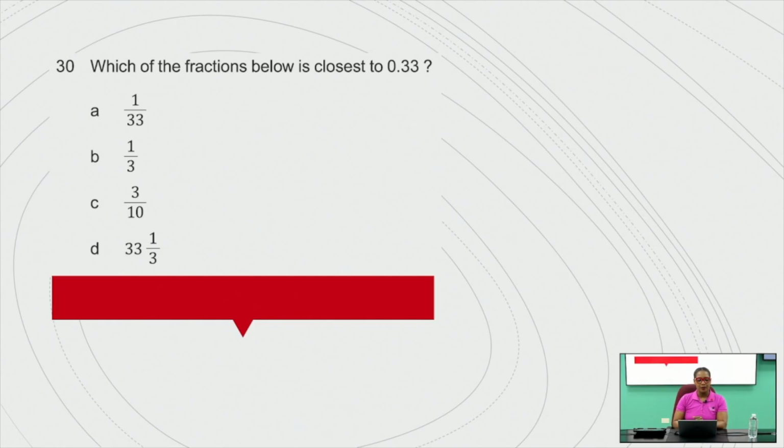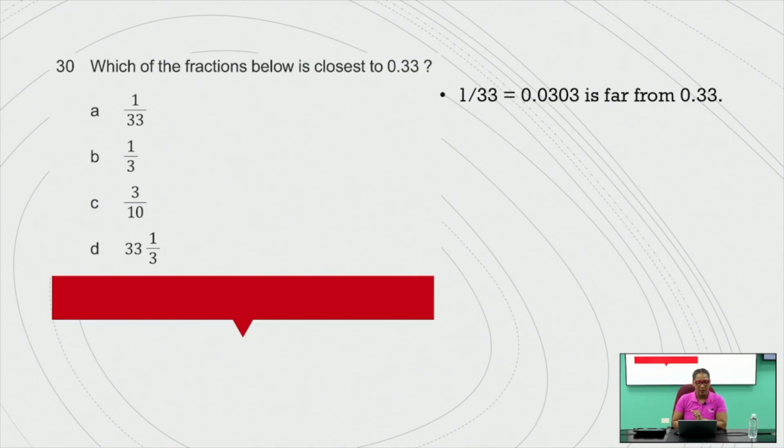So let us do question 30. Which of the fractions below is closest to 0.33? Here you pretty much need to understand what these fractions are. So we have 1 over 33. I'm really not sure how to call this fraction. Not the best way to call it, but what you want to do is divide 1 by 33, and your answer would be 0.0303. That is far from 0.33.